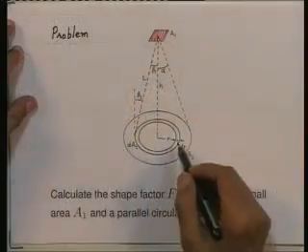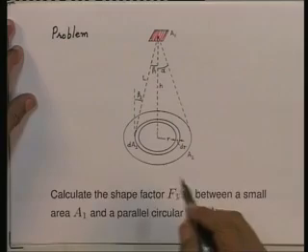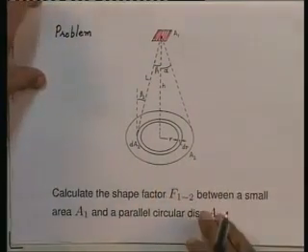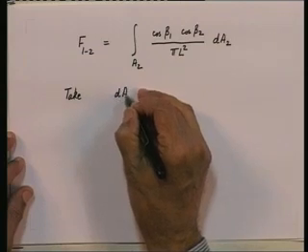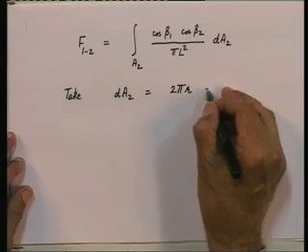I can take a ring at a radius r of thickness dr. So, my dA 2 will be 2 pi r dr. Okay. Let us take that as our dA 2. Because of symmetry, we will take dA 2 to be 2 pi r dr.